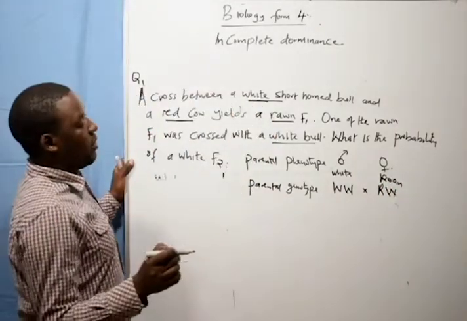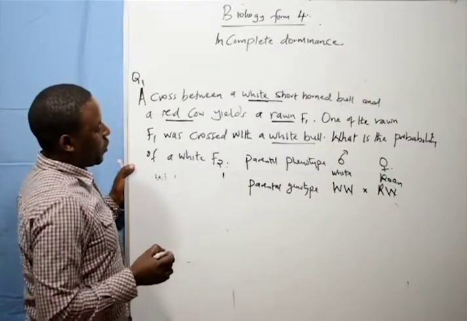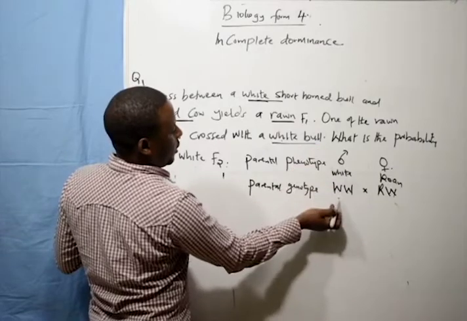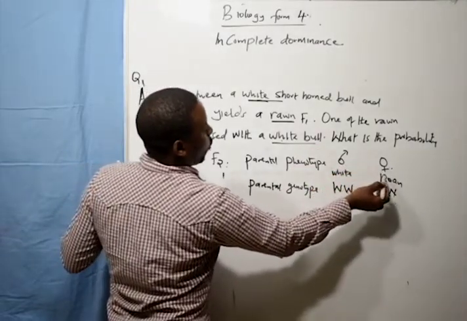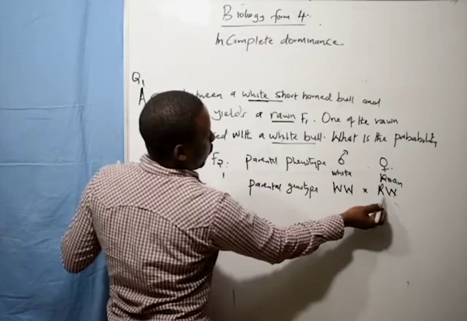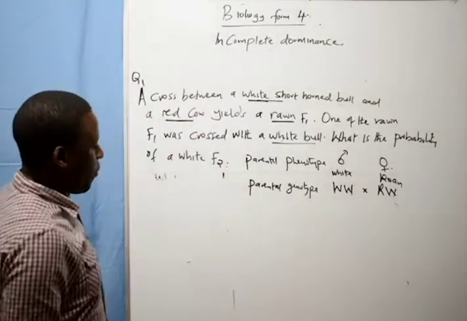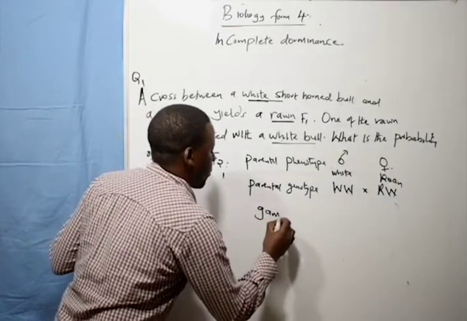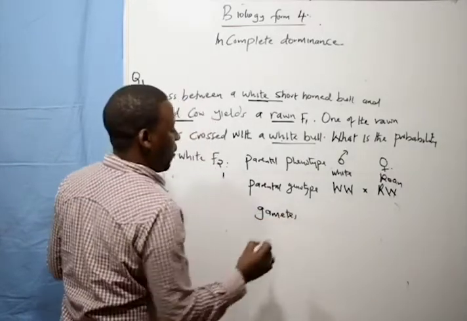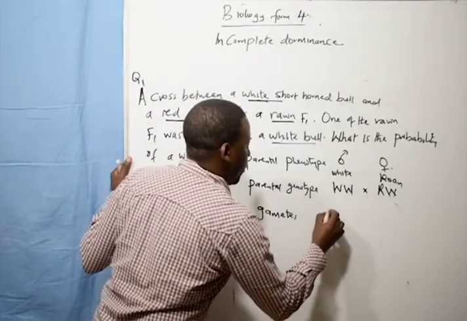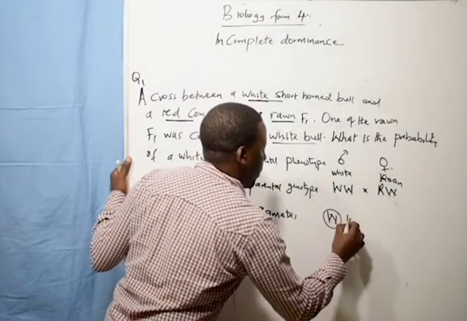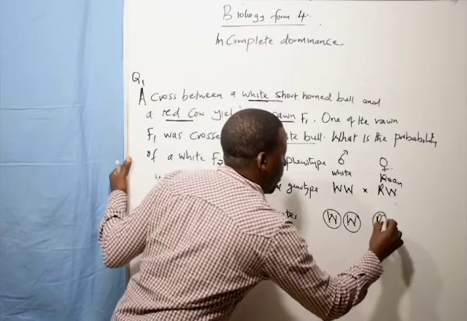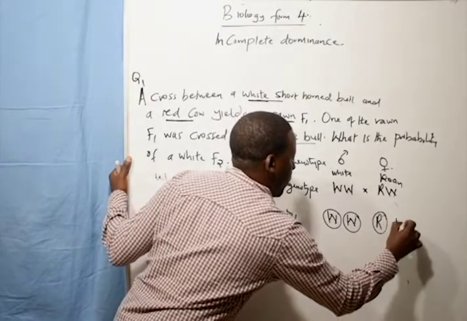In our second cross, the parental phenotypes are a white bull and a roan calf, which is RW. Then let's get the gametes. Gametes are W, W, R, W.